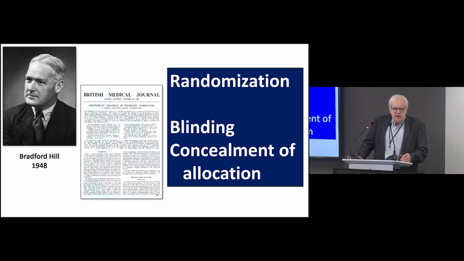So Bradford Hill really introduced the concepts of strategies to minimize bias in a clinical trial by introducing blinding of the intervention and allocation concealment, which means that an investigator could not predict which arm a patient was being randomized to. And that's usually done by just having variable block size for the interventions.